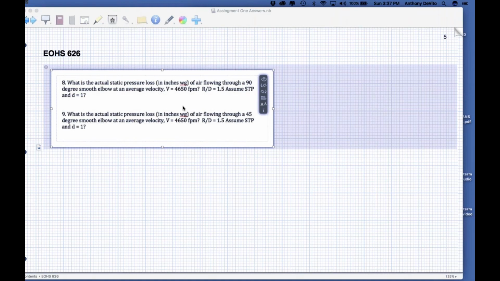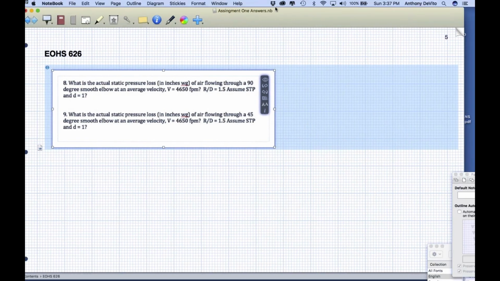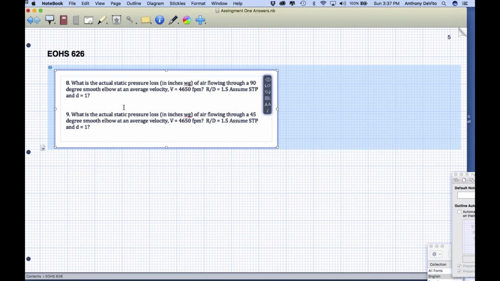I am, okay. Now this problem actually refers back to the previous problem, which involved the elbows. What's the actual static pressure loss, in inches of air, flowing through a 90-degree smooth elbow with a velocity? This time we have a radius to diameter ratio, radius of the curve to diameter of the ductwork, of 1.5.